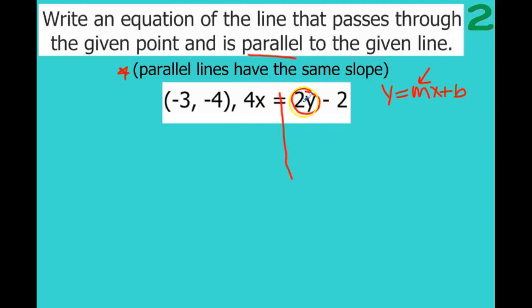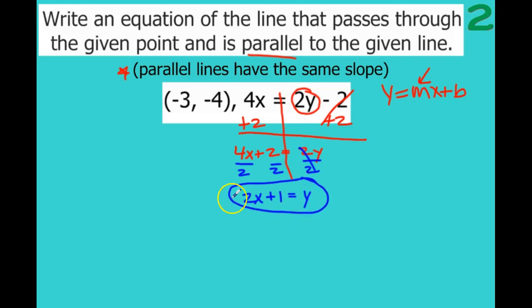Since y is on this side already, I'm just going to move the 2 to the other side. So add 2. So we have 2y, and over here I have 4x plus 2 because I can't combine those together. And then last, divide by 2. 4 divided by 2 is 2, so 2x plus 2 over 2, which is 1, is equal to y.